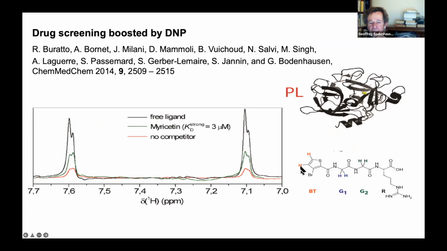We attached by a covalent amide bond this bromothiophene, and these two protons turn out to be very convenient because they are weakly coupled, and if you create, using the Sarkar sequence, a long-lived state between them, that state is very long-lived. So this is the ligand, this is the drug, if you will, that could become a drug, and this is the protein to which it sticks.